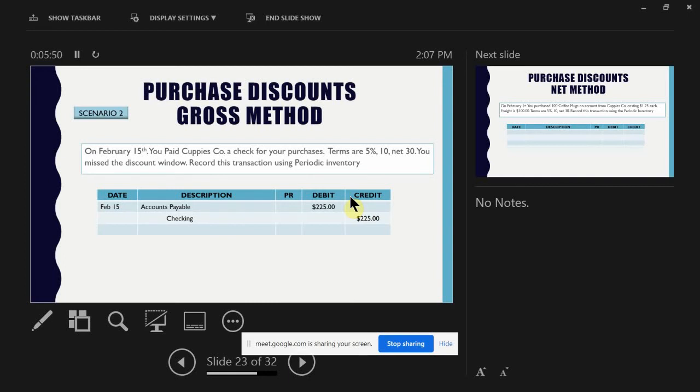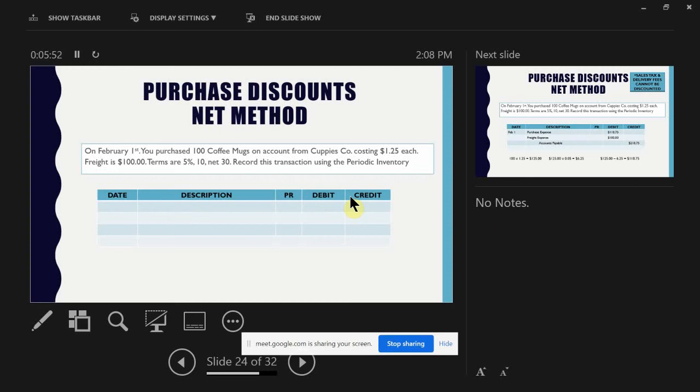All right? Now let's check the difference out between the gross and the net method, right? This time, the vendor still gave you the terms 5%, 10, net 30, okay? But in this case, I'm saying I'm going to make sure I pay them within a couple days that I receive the inventory, right? The minute I receive the bill, I'm going to pay them off soon.